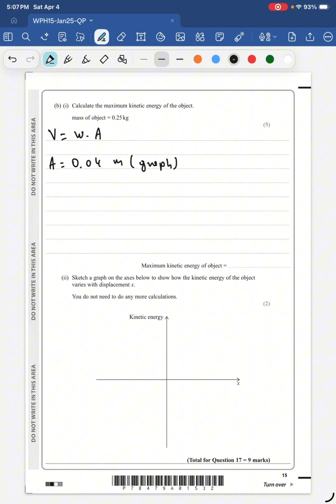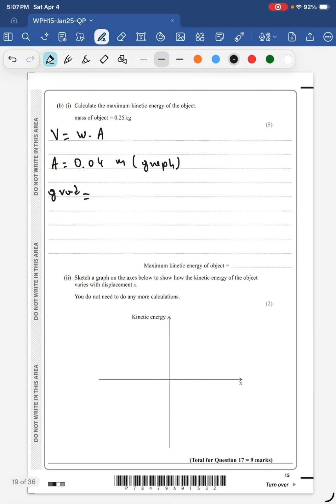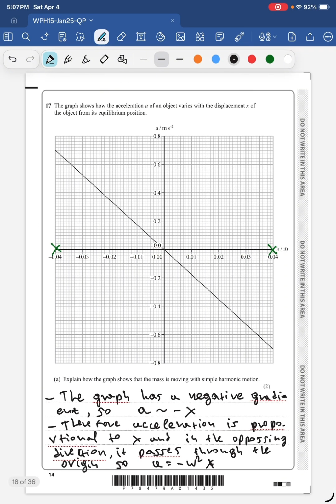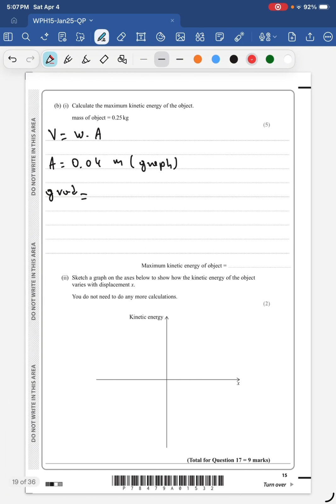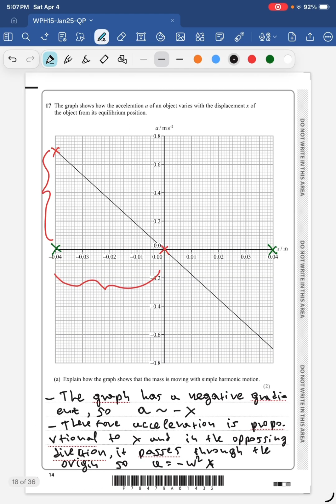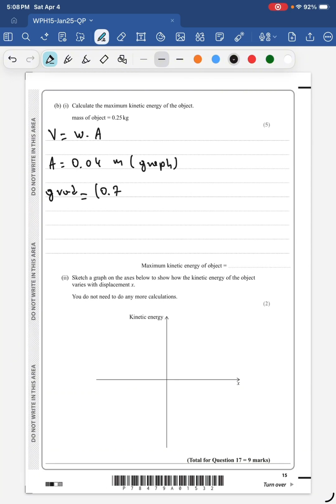Okay, now the gradient will give us minus omega squared. Let's find the gradient. So to make my life easier, I use these points over here, and the origin. So you have to divide this by this. So we have the acceleration over here is 0.7, 0.7 minus 0, because at the origin we have 0 acceleration.